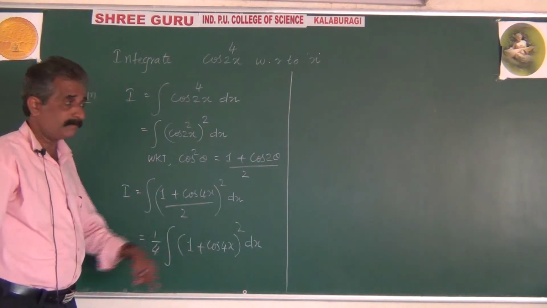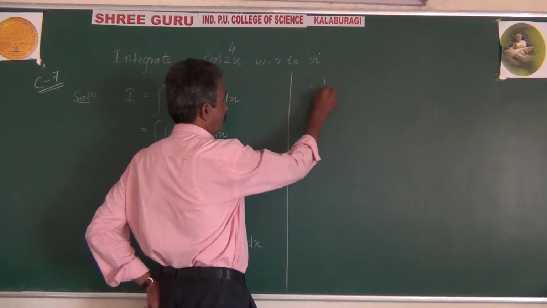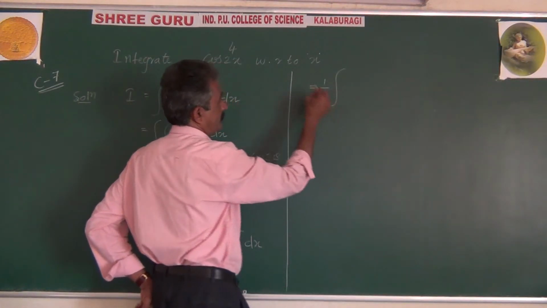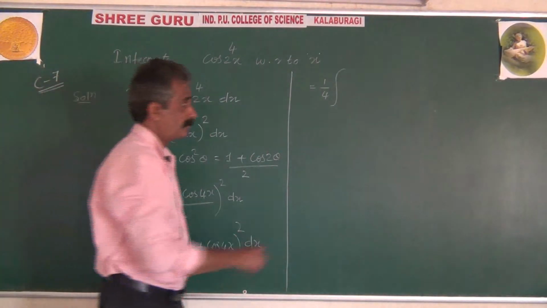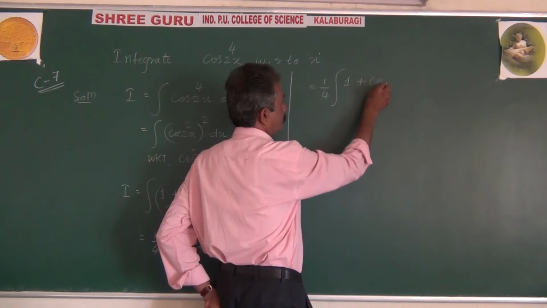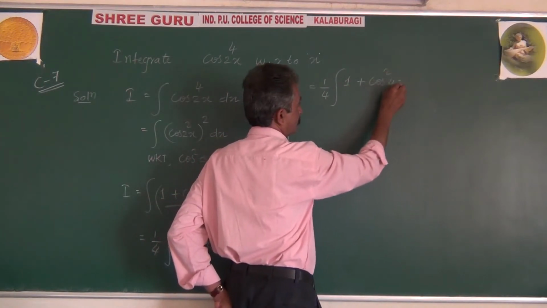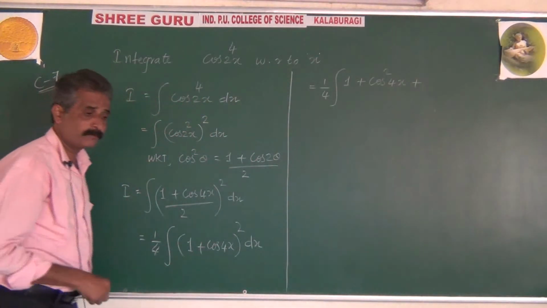We apply the a plus b whole square formula. That is equal to 1 by 4 integration, using the a plus b whole square formula: a square is 1 square, 1; b square is cos square 4x; 2ab is 2 cos 4x.